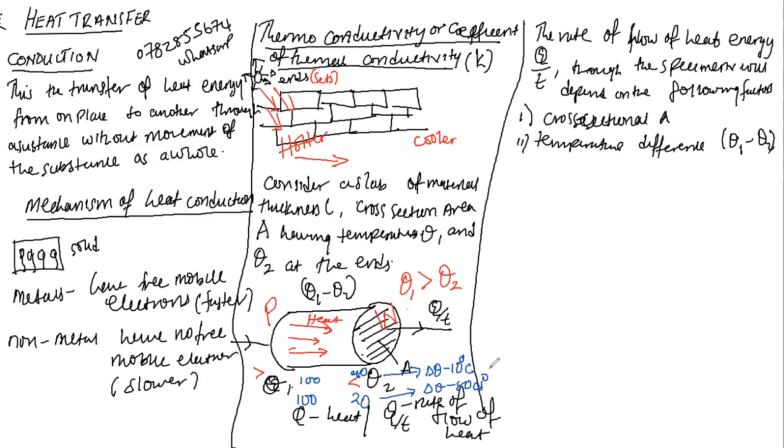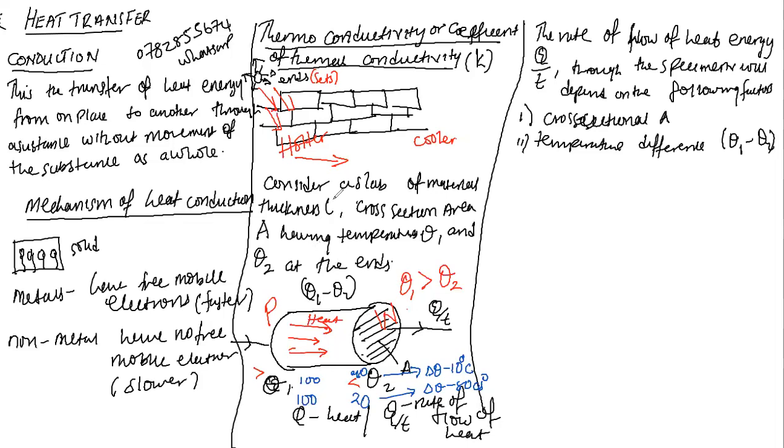So very few atoms are in need of gaining a lot of what? Heat. But if the difference is big, it means that very many atoms of the slab want to acquire all the amount of heat that is there. So heat there travels faster because the temperature difference is big. Therefore, the bigger the temperature difference, the faster the rate at which heat will transfer or flow from one region to another.